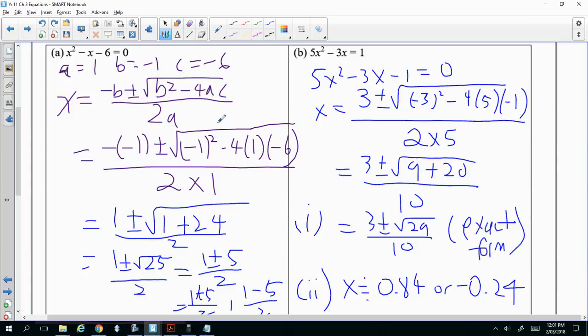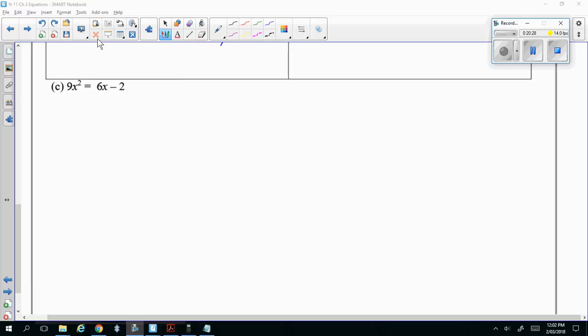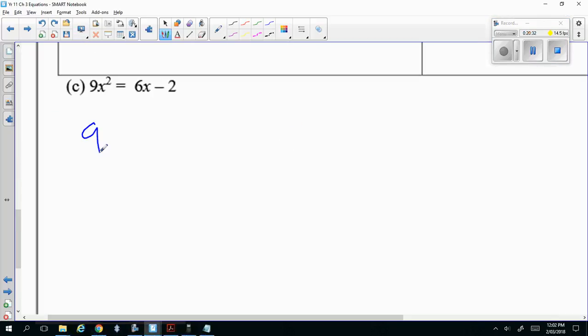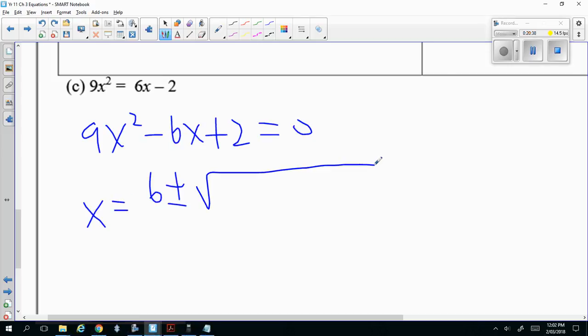Alright, let's do that one. So we have 9x squared minus 6x plus 2, and x is 6 plus or minus the square root of 36 minus 4ac. Actually, let's write negative 6 squared, over 2 times 9.